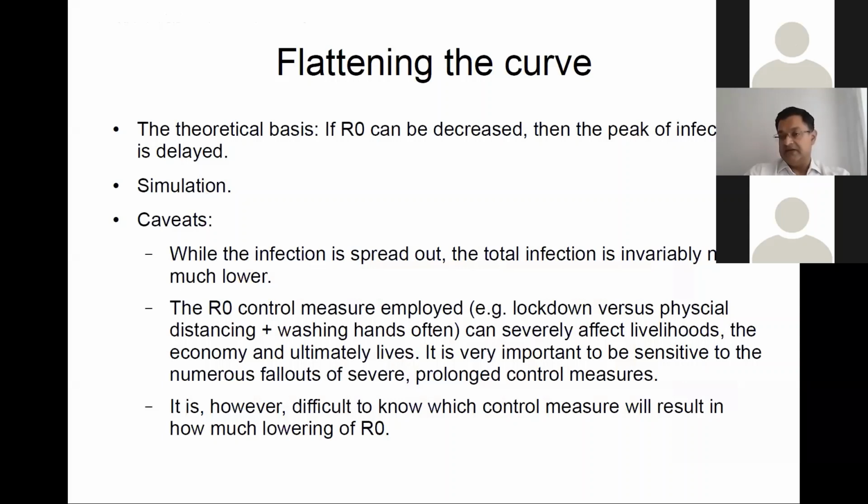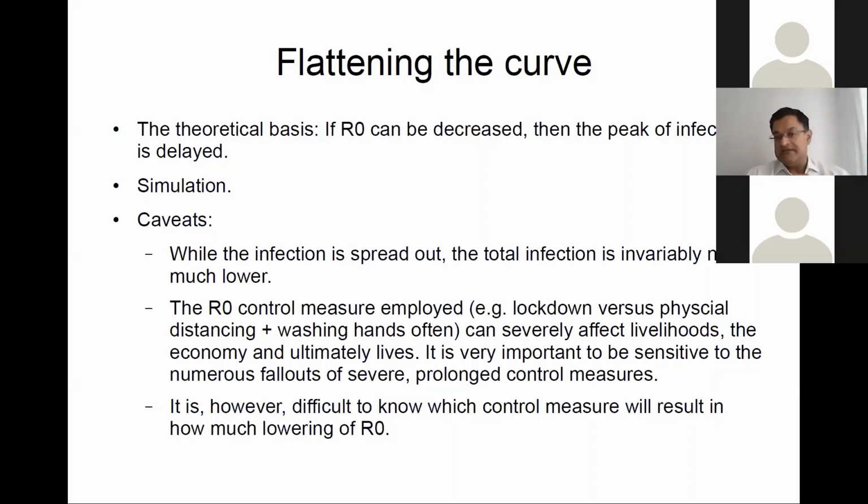It makes a big difference what kind of methods you use. Some are easier to adhere to, some are harder. There are secondary costs associated with severe measures like lockdowns. And there is a trade-off between affecting livelihoods, the economy, and ultimately lives of people by locking down, versus having something milder than a lockdown, which is physical distancing.